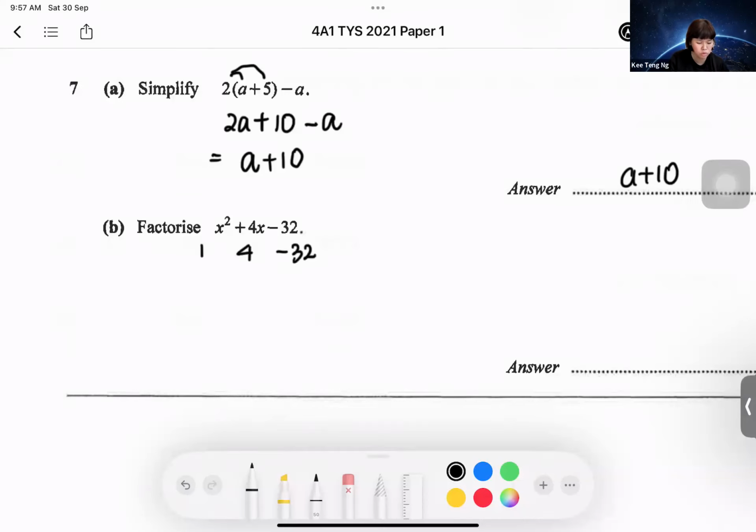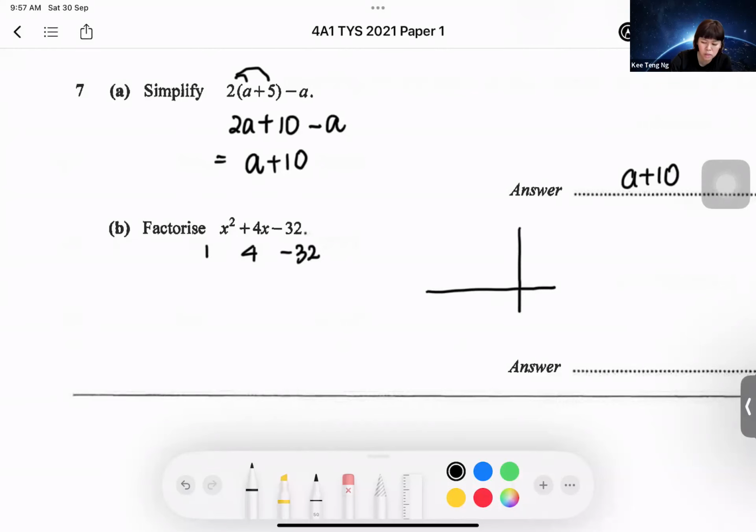If you press your calculator, mode 5 2 2, or some of you will be mode 3 3, or some of you don't have a calculator mode, then we'll go through the correct working for it. So A is 1, B is 4, C is negative 32. In this case, we get our answer in the calculator. X1 equals 4, and our second answer equals negative 8.